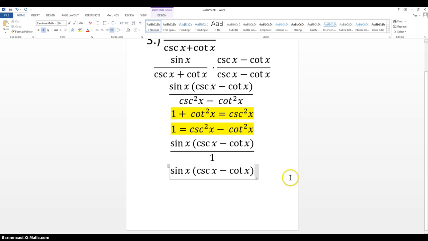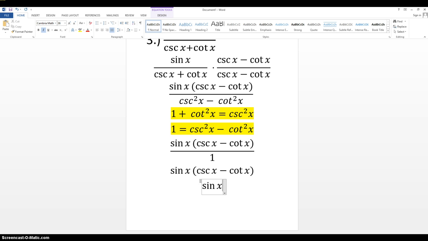So all I did was copy down my numerator. From here, all I have left to do is distribute this sine of x to everything inside the parentheses. When I distribute, the sine of x times the cosecant of x, what do I get?